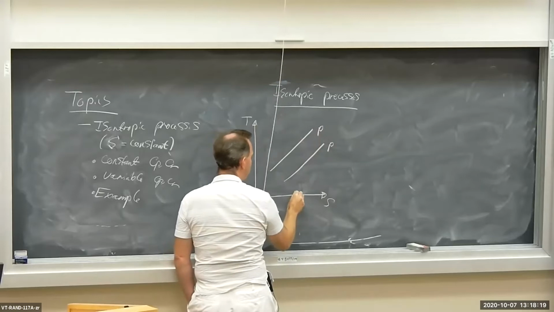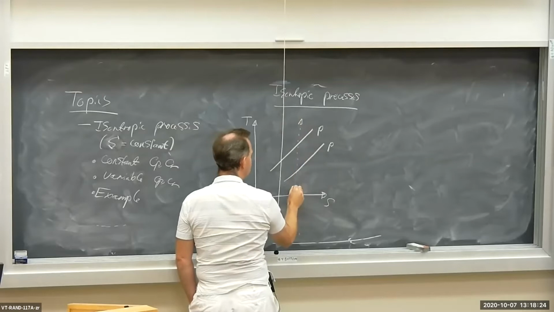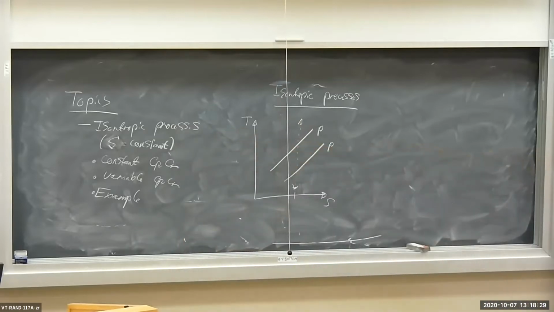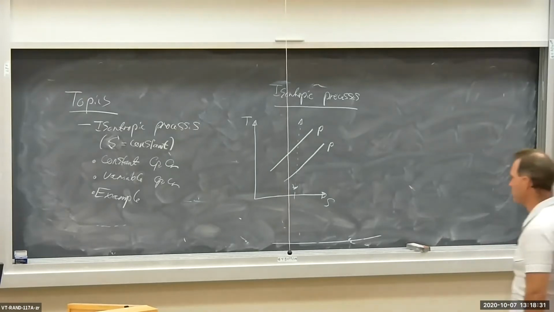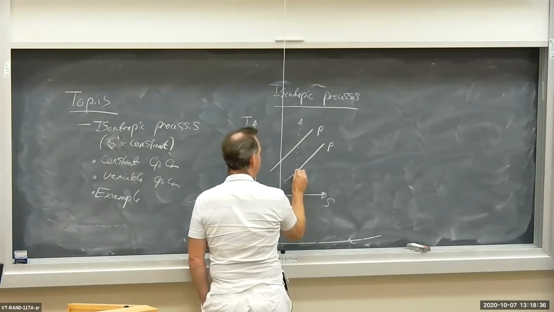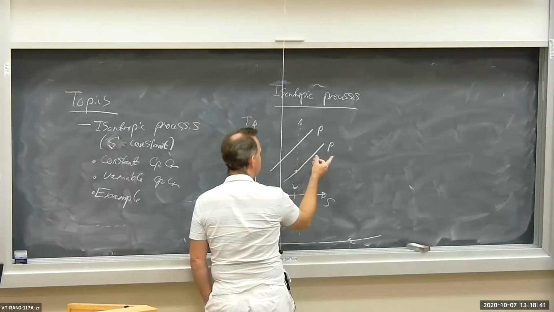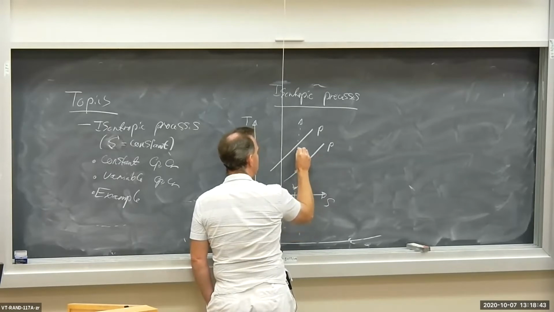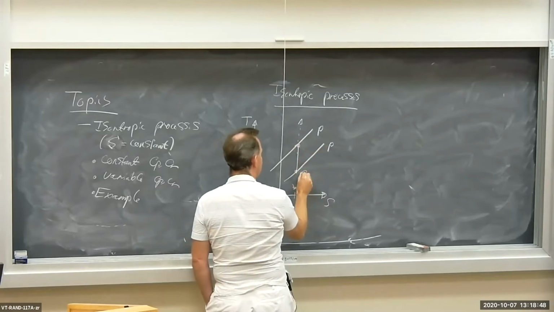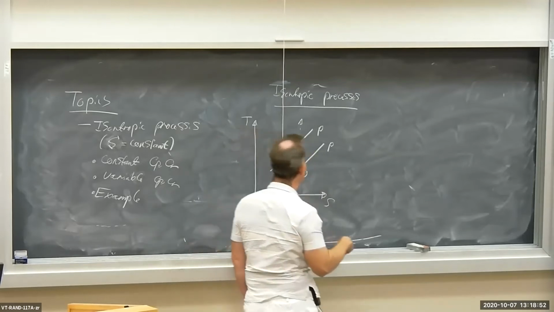Isentropic processes refer to a movement up or down vertically along a line of constant entropy. So an example would be some sort of heating, some sort of compression process going from some pressure to another pressure. We're raising the temperature of some sort of a gas by compressing it and increasing the pressure going from state 1 to state 2.